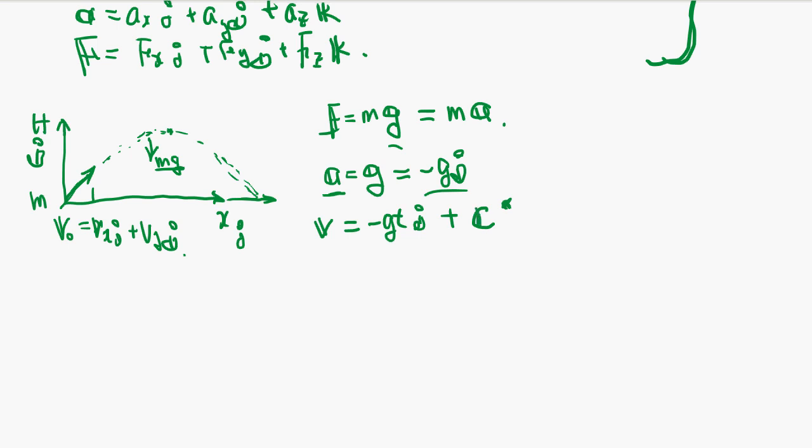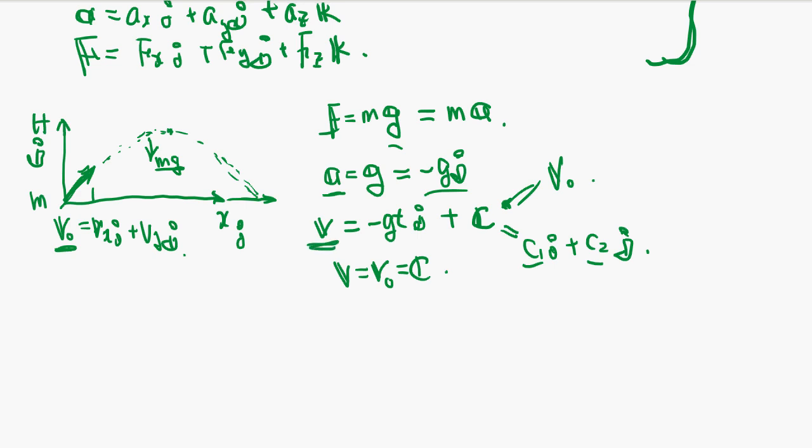What is the c vector? Well, you have a constant on both sides. The c vector is c1i plus c2j. Now how do you determine c1 and c2? The initial velocity is v0. So when t is 0, v is v0 equals c. So this c is v0.